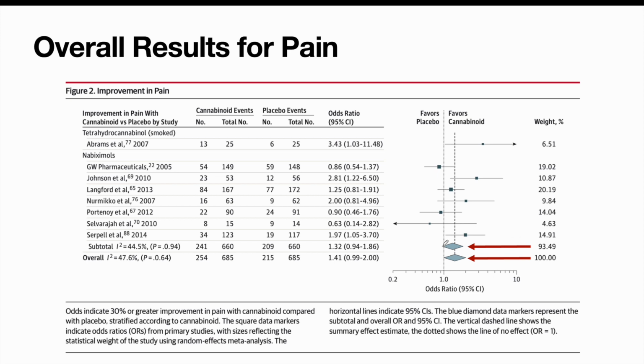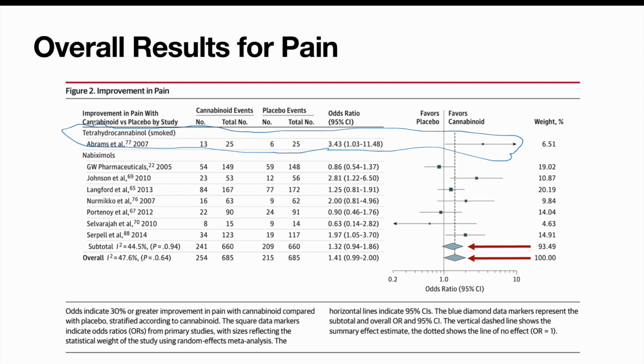These diamonds are kind of like the sum of everything that has come before. So in this particular chart, we have tetrahydrocannabinol, and this is one category right here. We have one category here, and this is our result for that.